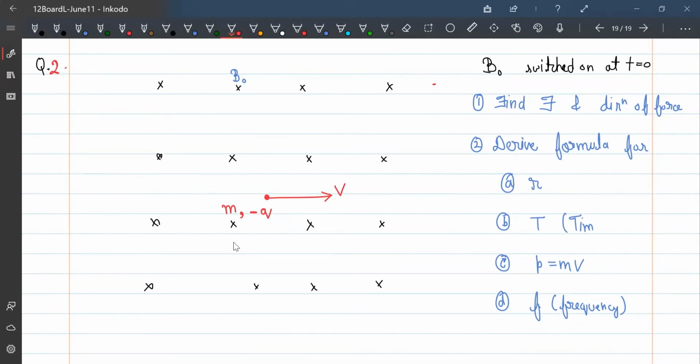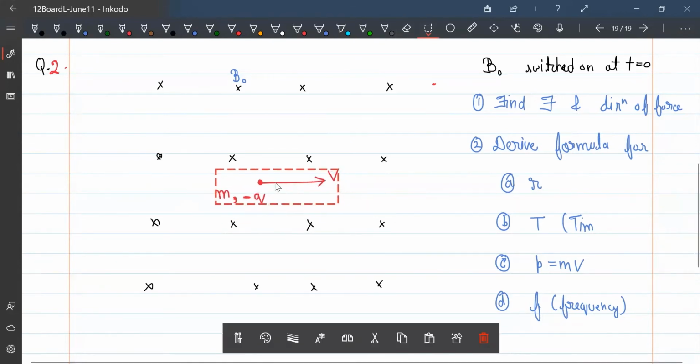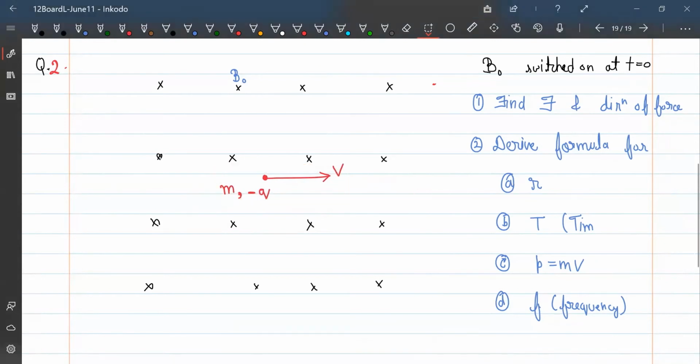The charge is negative, so what will happen now? You have to figure out what things will change and what things will not change. First tell me the value of the force and the direction of the force. Mehul, what will be the value of force?